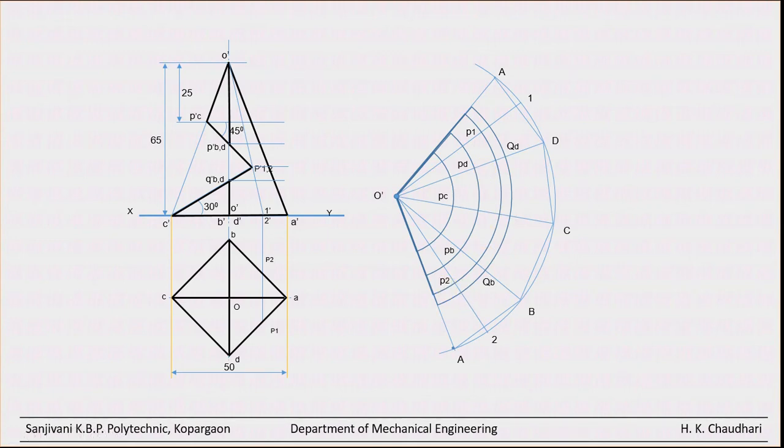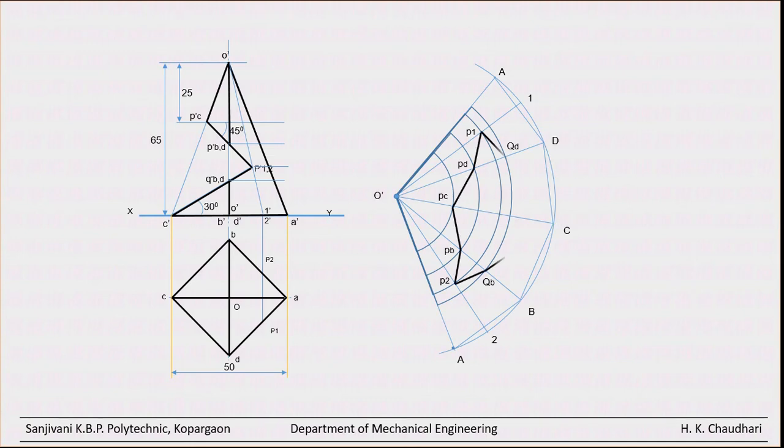Clear? Now we have all the points located, and finally this point C is exactly at the bottom of the generator. So this will be that point C. So now just join all the points with the help of a scale.